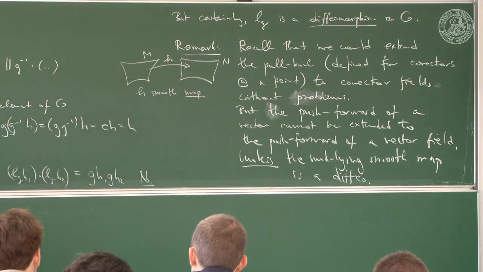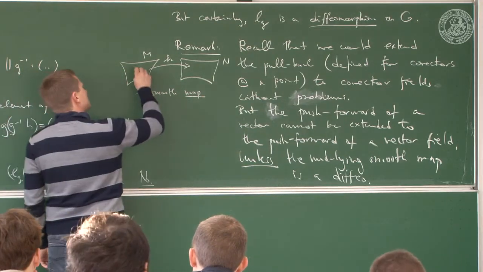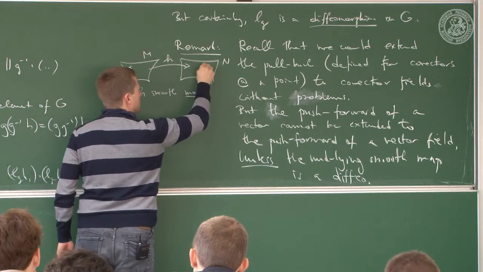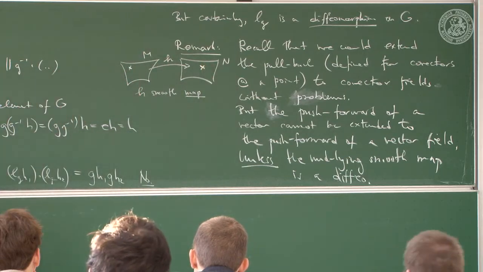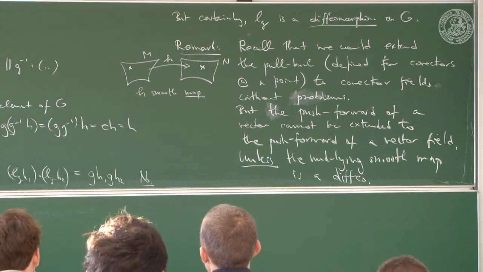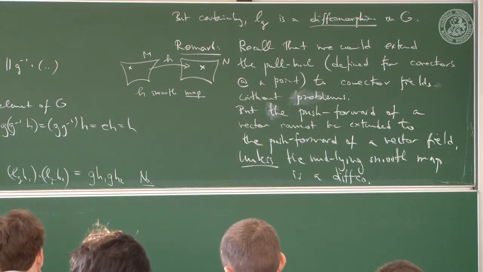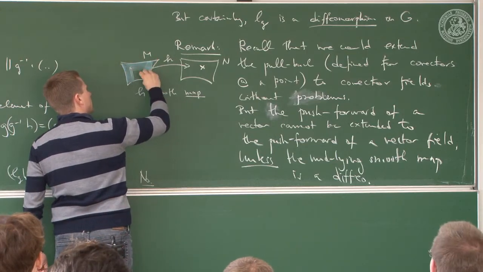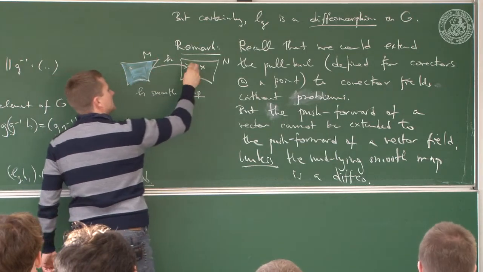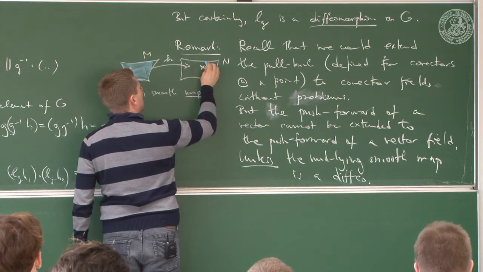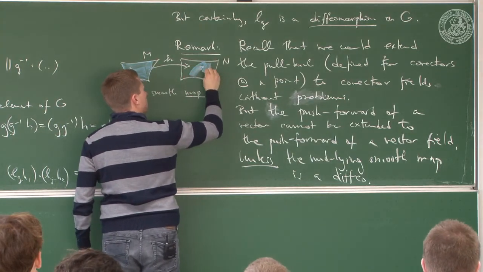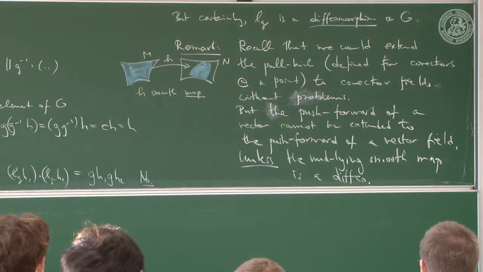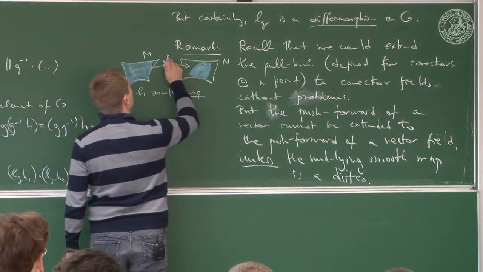Now what is a map? A map assigns to every point here a unique point over there. That's what a map does. That means every point in M has an image over here, although the image maybe doesn't fill all of N, right?